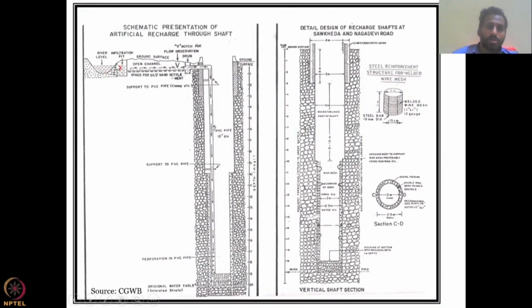You have your river water infiltration pit, and from the infiltration pit, which is a subsurface pit or pond or a recharge unit, from there water is taken and put into the shaft. And how does the shaft look like? It's like a tube which runs through the impervious layer. So for example, all these are impervious layer, and look at the depth.